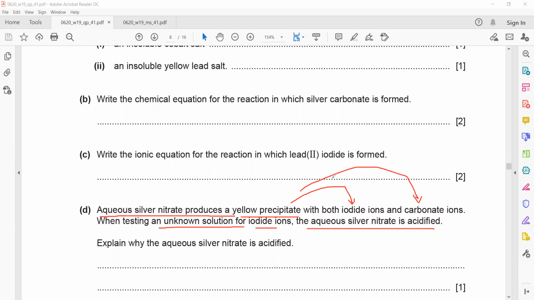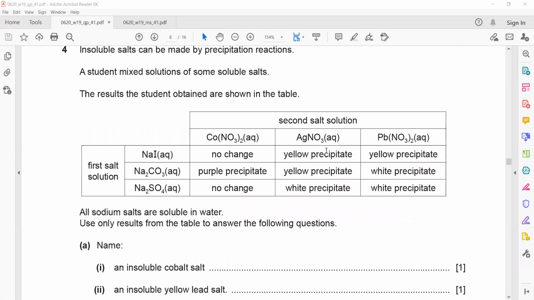Because if the carbonate ion is present, then we can easily recognize, because both are giving precipitates. Like silver nitrate mixed with sodium iodide, yellow precipitate; silver nitrate mixed with sodium carbonate, yellow precipitate.